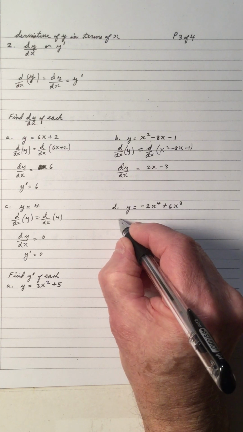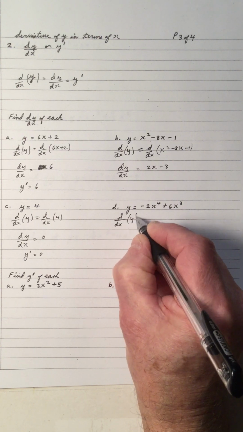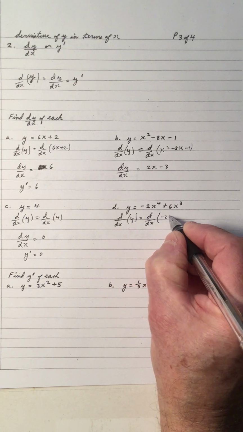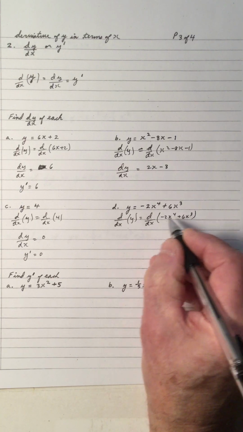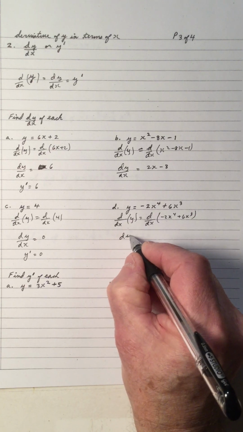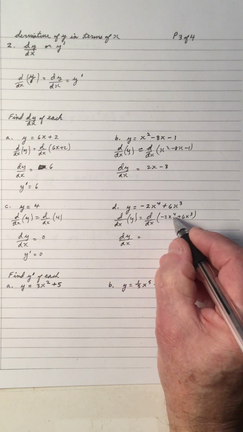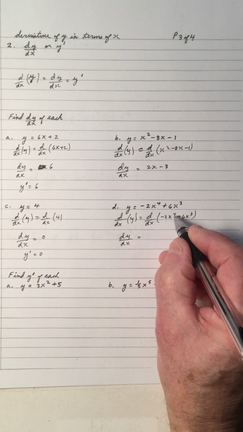And we do this on both sides. Now, a lot of people don't write it down like I'm doing, but I'm making sure I explain it. So the derivative of y in terms of x is dy over dx. And the derivative of this binomial in terms of x is negative 4.